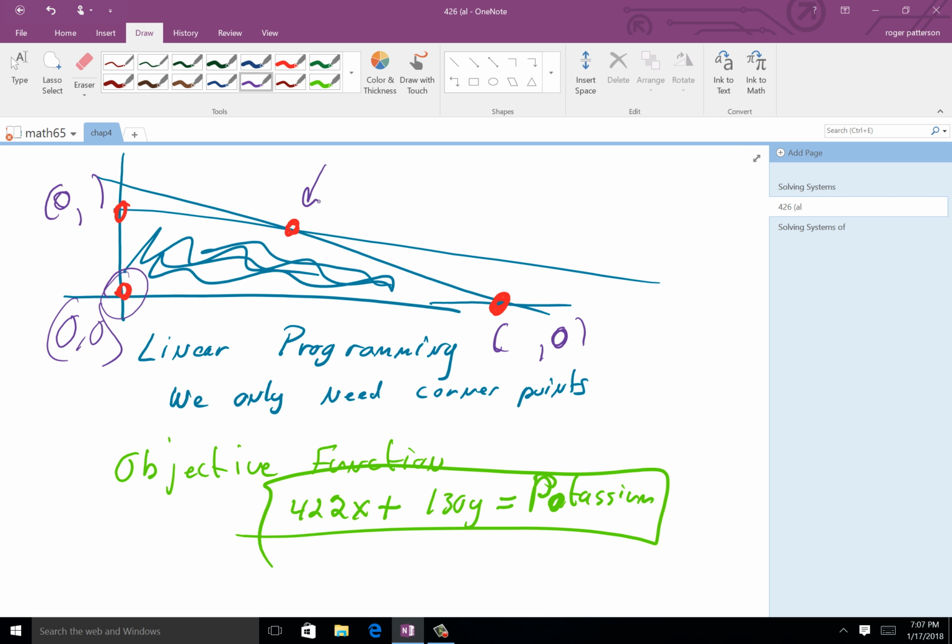I'd use a graph because look, just kind of click on it. There it is. 7.4 and 1.5. All right, that's all you got to do is click on it. So 7.4 and 1.5 is that corner point.